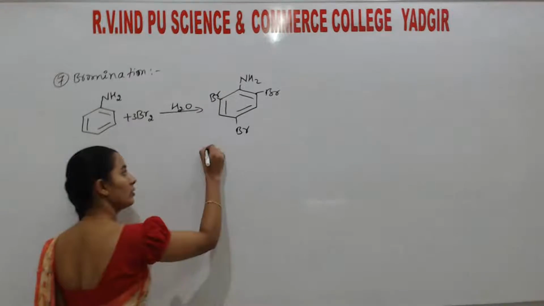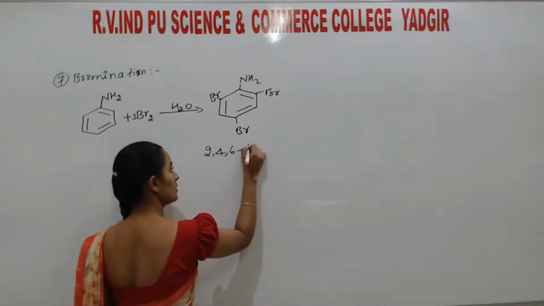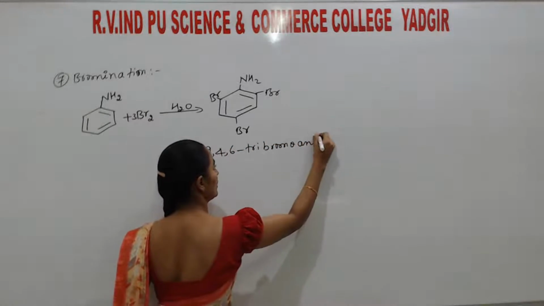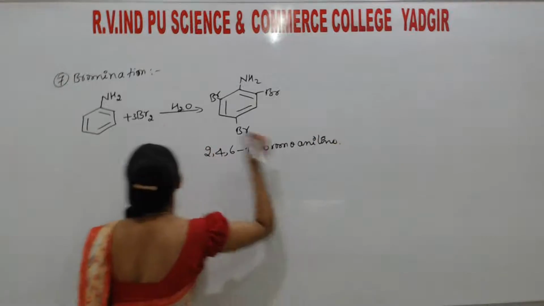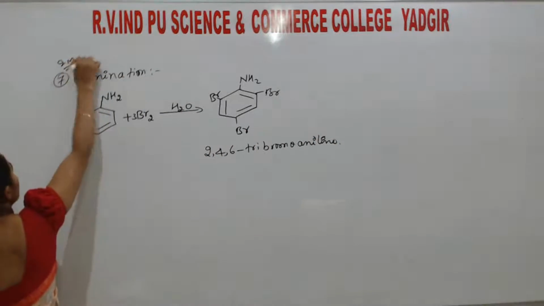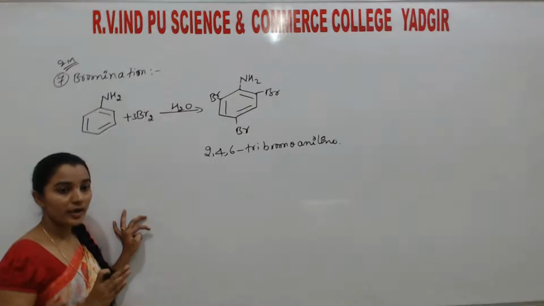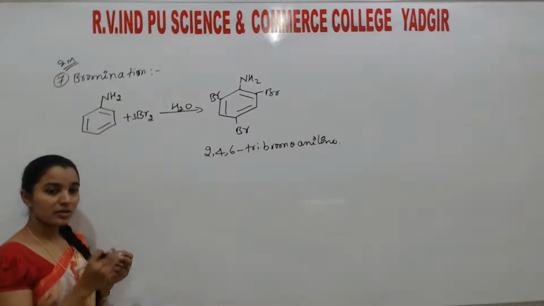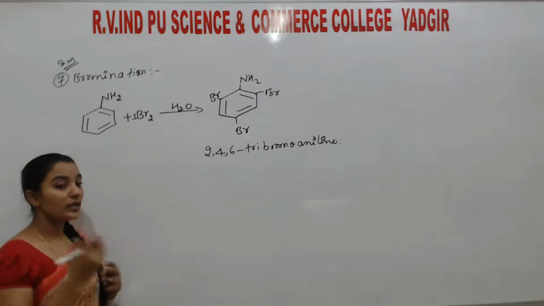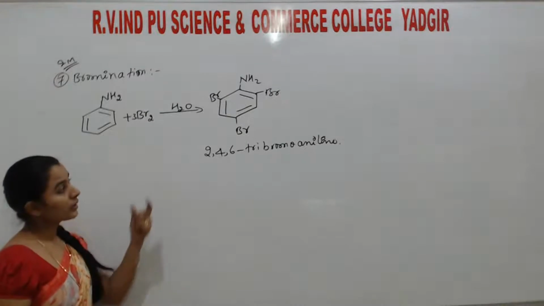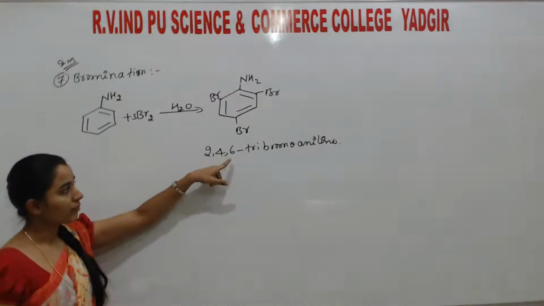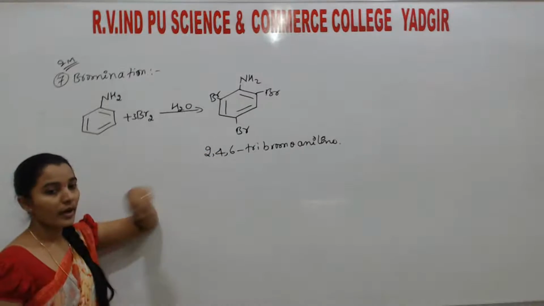So that is 2,4,6-tribromoaniline. Important for 2 marks because this is the only reaction different from electrophilic substitution reactions. If acylation, sulfonation, nitration is there, that takes place in a different manner. When it comes to bromination, when it directly reacts with bromine water, they form 2,4,6-tribromoaniline.